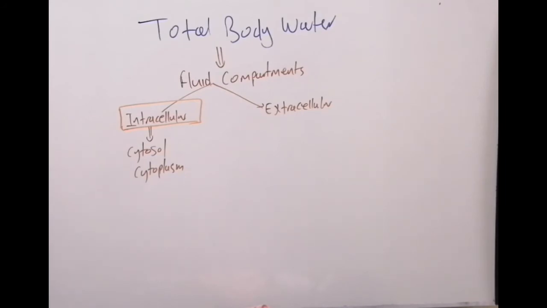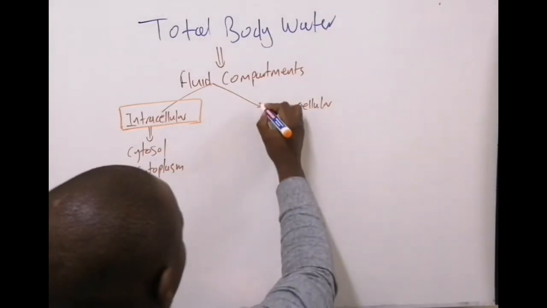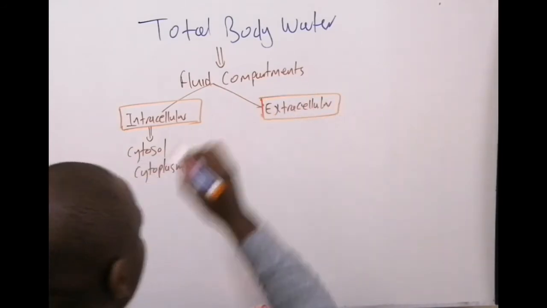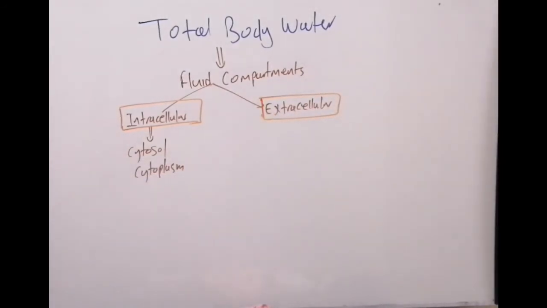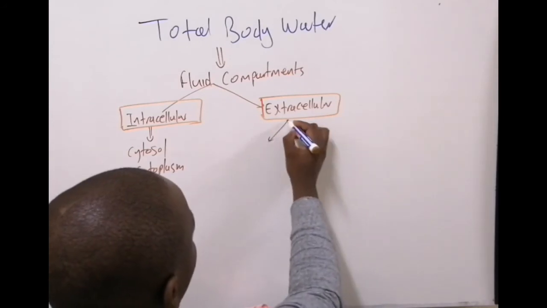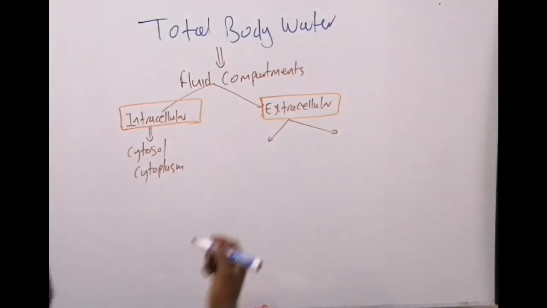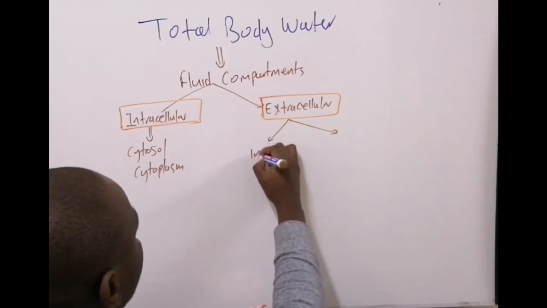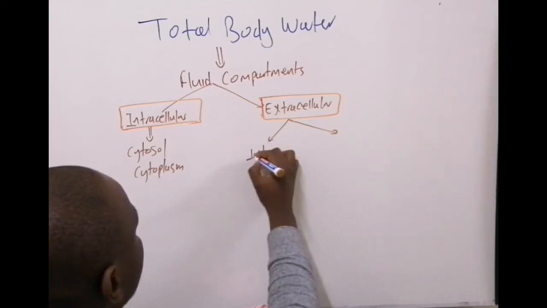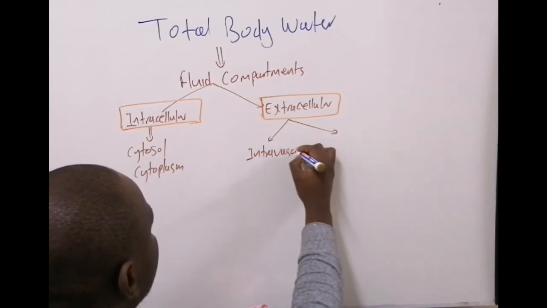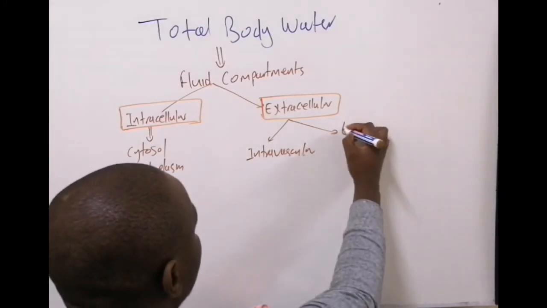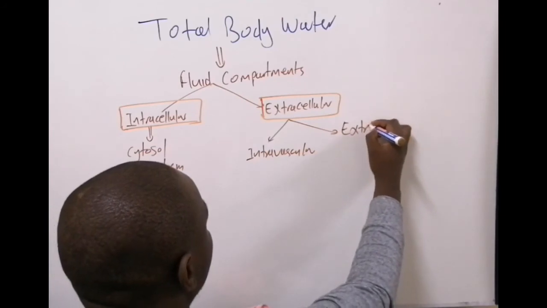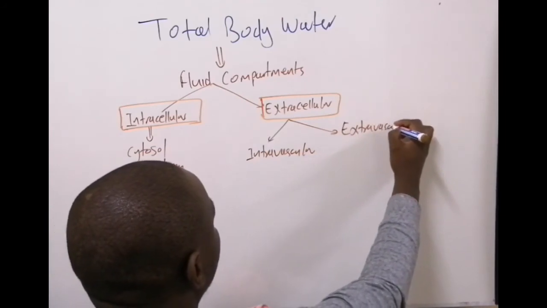On the other hand, extracellular. Extracellular fluid is divided into two. It has two sub-compartments, if I may put it that way. The first one is the intravascular, and the extravascular.